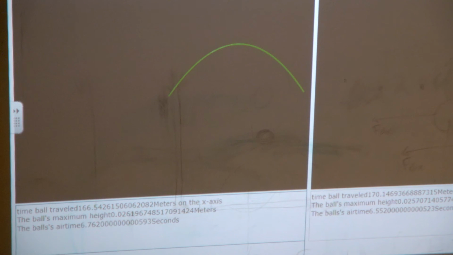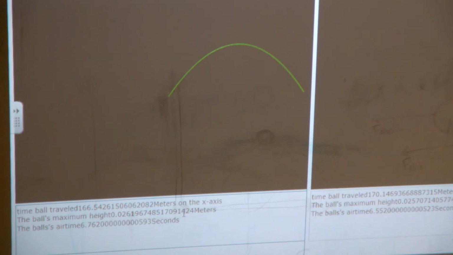There was also a decrease in the max height. Without air drag, there was 0.26 meters of maximum height, and with air drag, there was 0.025 meters, so there is approximately a difference of 0.001 meters.